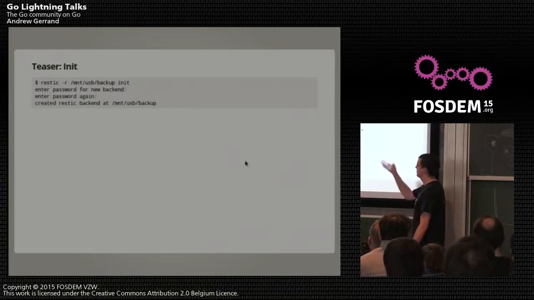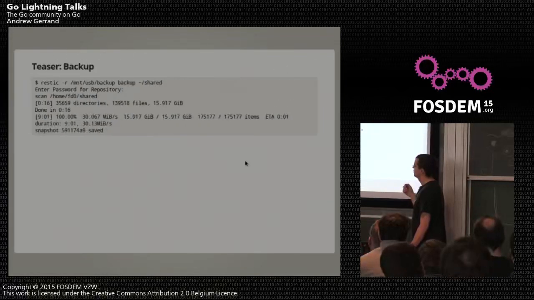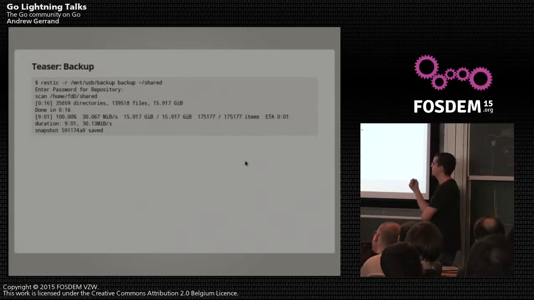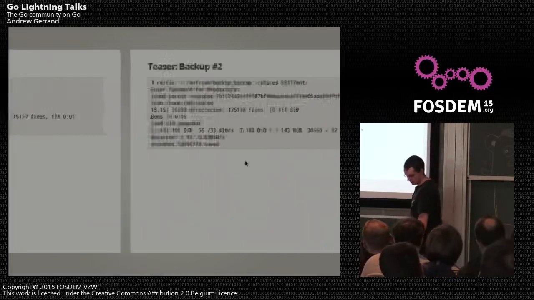You just say restic -r, and then where the files should be put, and say init, and it asks you for the password. The initial backup is this one. It scans for 16 seconds, and it takes 9 minutes and 1 second to write everything to the repository location, and it does deduplication and signing and encryption, everything in there.